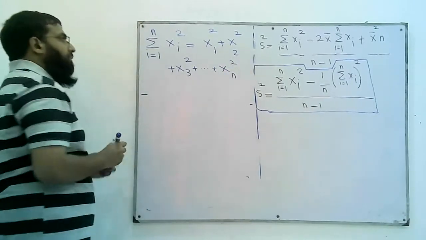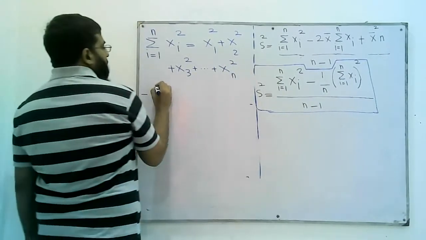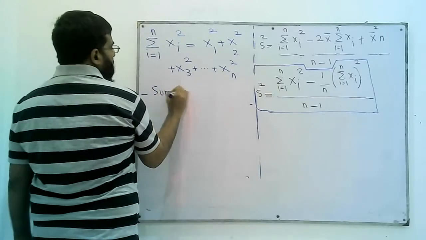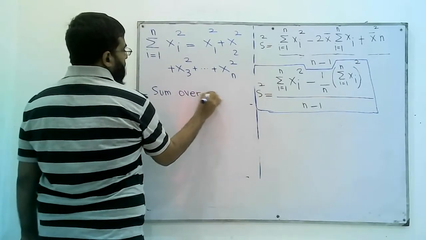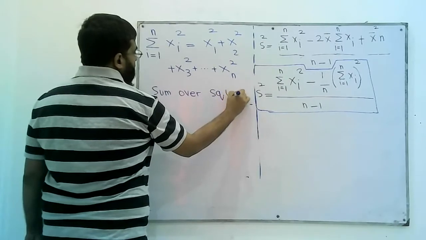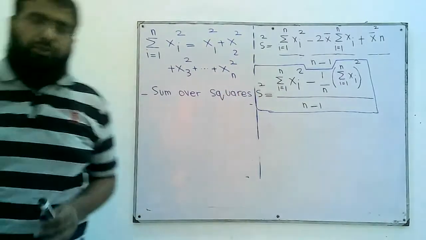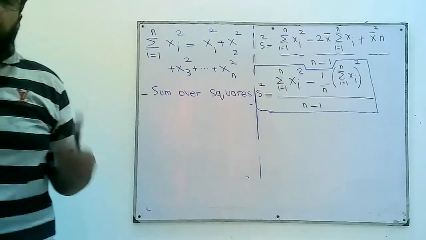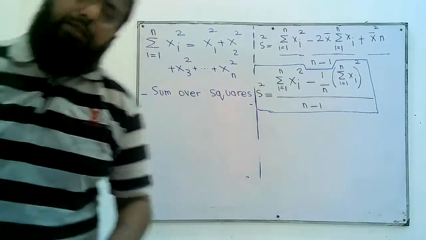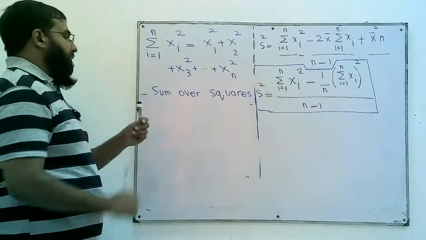In other words, this is summation over squares. In words, we write it summation over squares. We compute the square of each number first and then the sum of those squares.